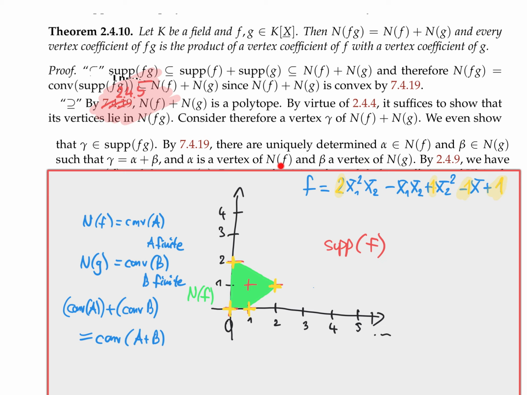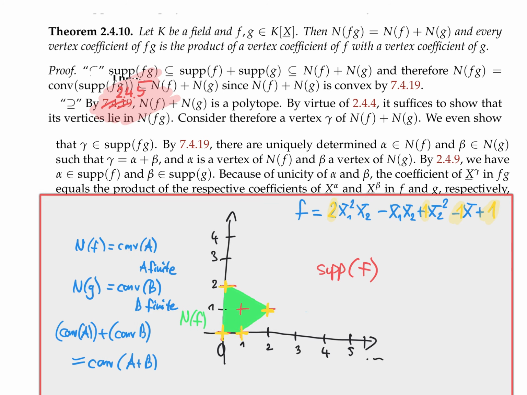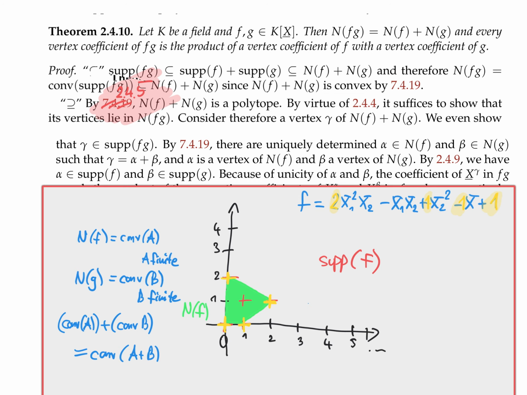And alpha is a vertex of n of f, because it's an extreme point. And beta is a vertex of n of g. By 2.4.9, we have that alpha is in the support. So vertex coefficients are always non-zero, right? So alpha lies in the support of f and beta in the support of g.